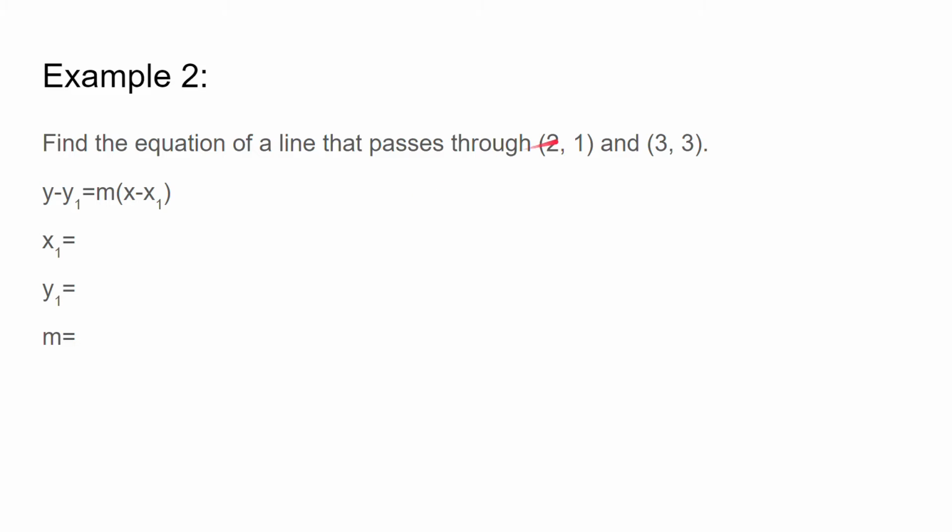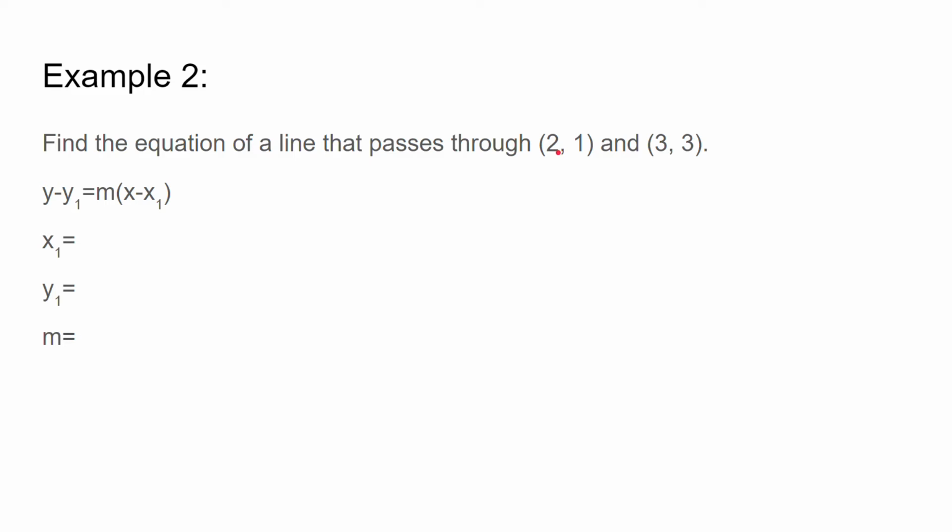For x1, we have 2 choices: we can plug in 2 or we can plug in 3. For y1, we also have 2 choices, 1 and 3, but no matter which we choose, it'll be okay as long as we choose the same point.